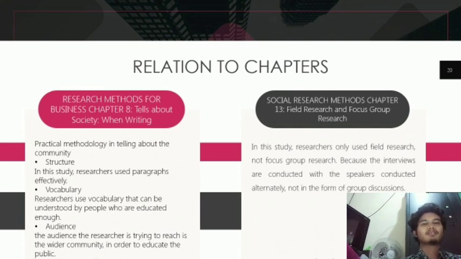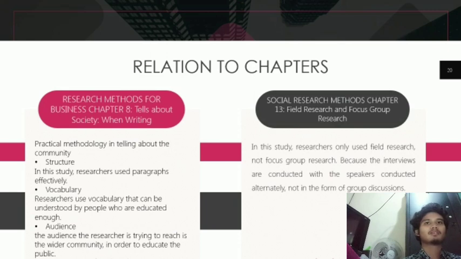In this study, researchers use paragraphs, effective paragraphs. Second, vocabulary. Researchers use vocabulary that can be understood by many people. And last, audience. The audience that the researcher is trying to reach is the whole community.